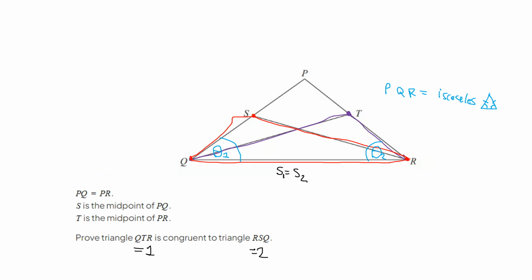And finally, we need one more bit of information to show that this is congruent. We can say that QT is equal to SR because PQ is equal to PR and S and T are midpoints.